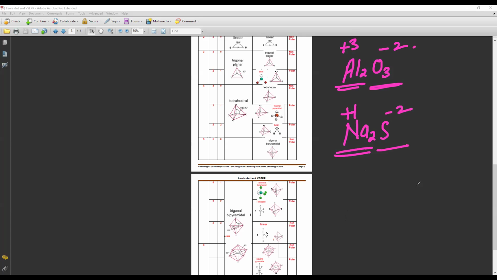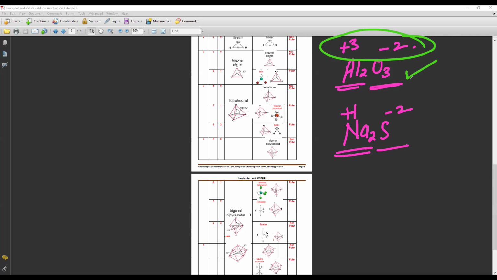There is no need of looking into the size because charge is the dominating factor. Here, charges are more, so this one has stronger lattice, stronger attraction, higher melting point. If one of them was a positive charge of 1 and another a positive charge of 2, then the 2 would be more, right?